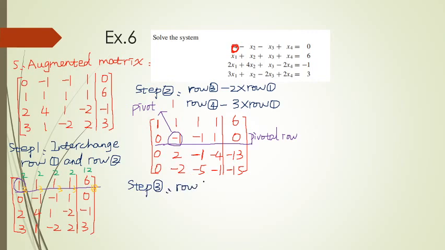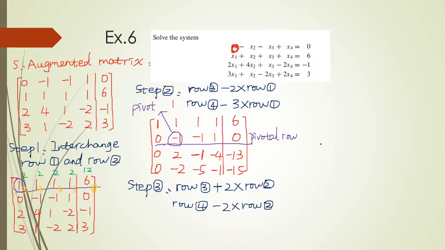Row 3, based on the above augmented matrix, plus 2 times row 2, and then row 4 minus 2 times row 2.